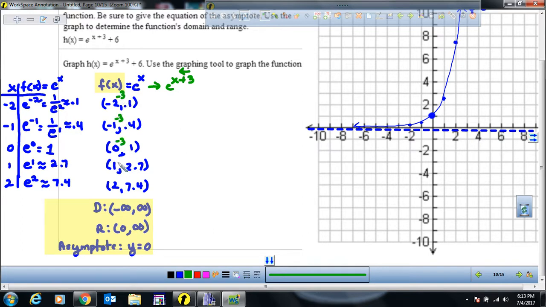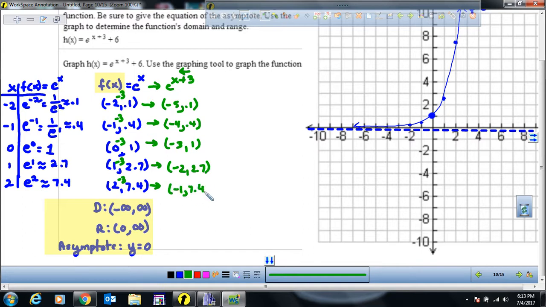If I subtract the 3 from the x values, then my new points are going to be -5, 0.1, then -4, 0.4, then -3, 1, then -2, 2.7, and the last one is -1, 7.4.